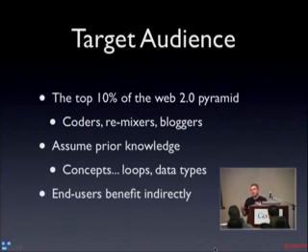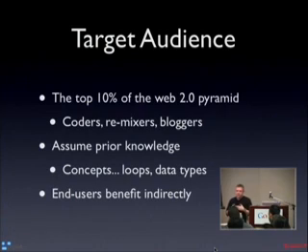And these are the people that we actually wanted to target. So because we could do that, we could assume a lot of prior knowledge. We could assume they're familiar with publishing, the idea of getting these things out there. We could assume they're familiar with loops and typecasting and putting things together. Even the notion of a mashup is fairly familiar to these types of people.